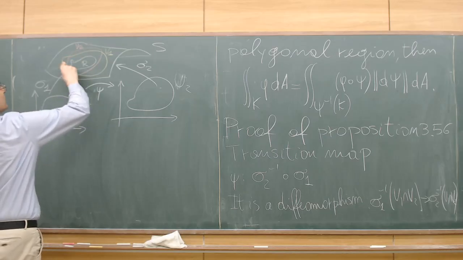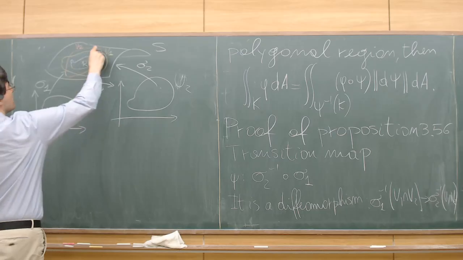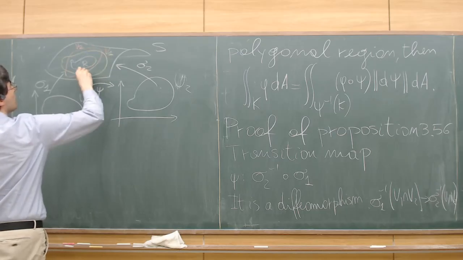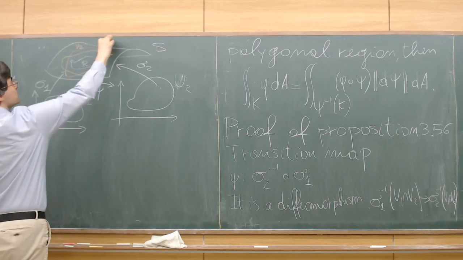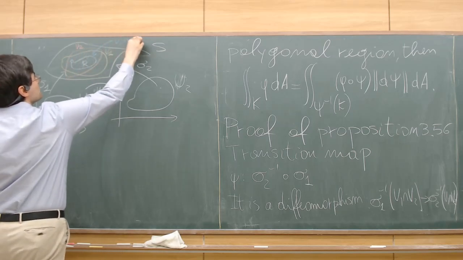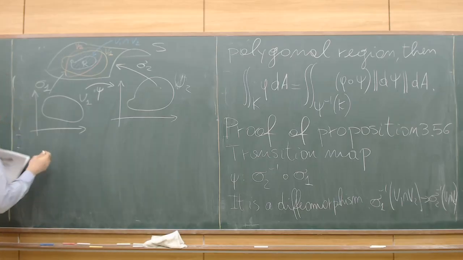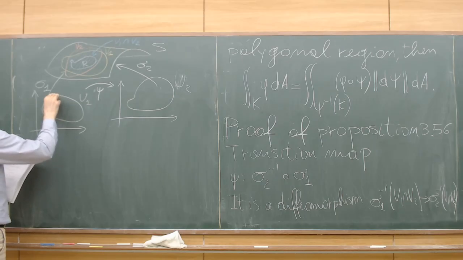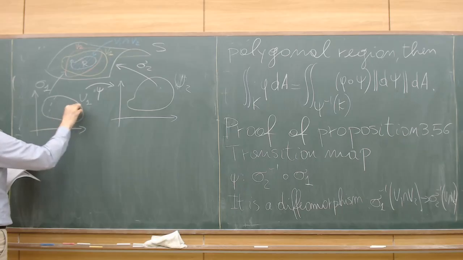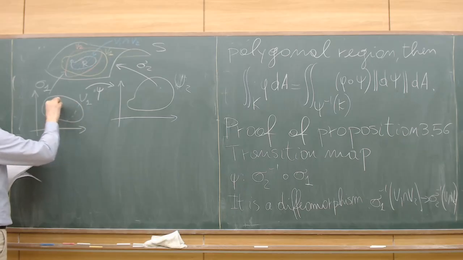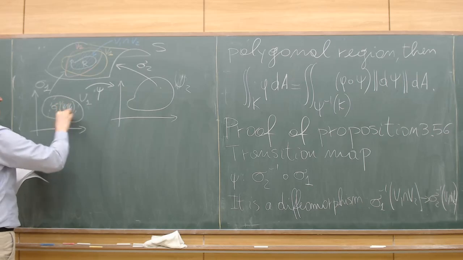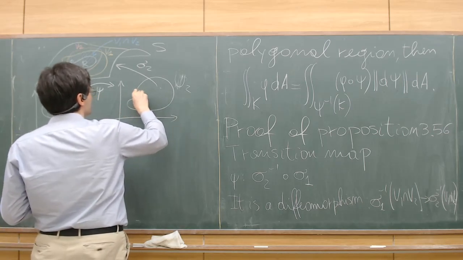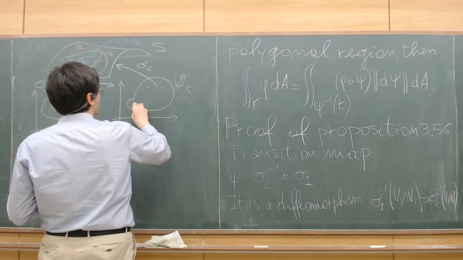So if this is U1, if this is V1 intersection V2, then you have that sigma 1 inverse of V1 intersection V2, and you have, for example, the same here.